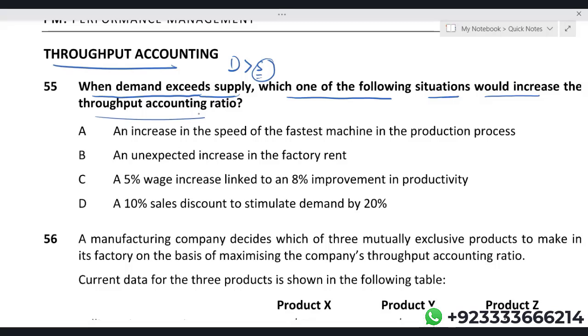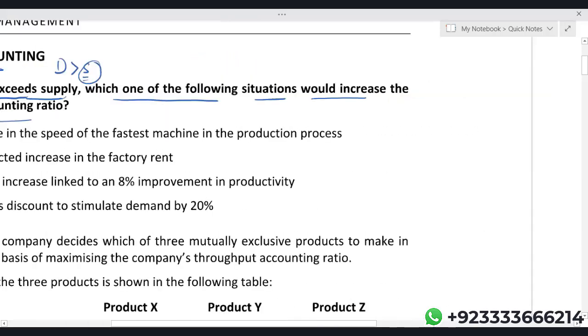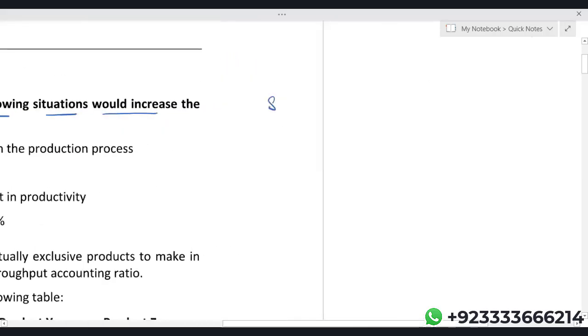We know how we calculate the throughput accounting ratio. First we calculate throughput per unit. Simply, we take the selling price per unit and subtract the direct material cost per unit.